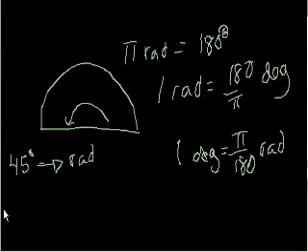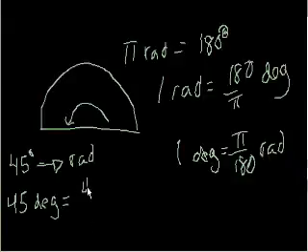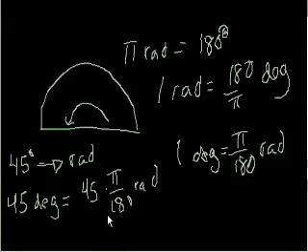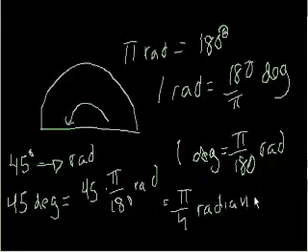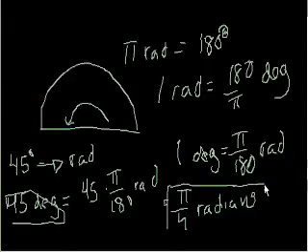So 45 degrees is equal to 45 times pi over 180 radians. 45 goes into 180 4 times, so this equals pi over 4 radians. 45 degrees is equal to pi over 4 radians.